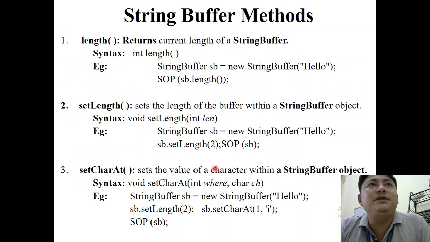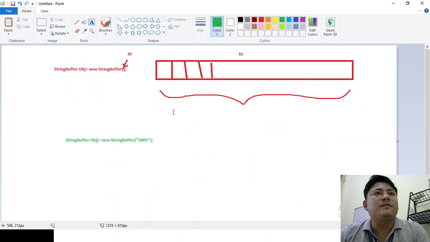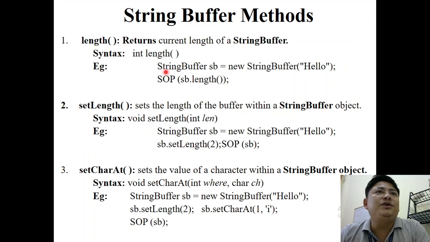Now we will see some of the common methods that may be useful whenever you work with a string buffer. The first one is the length of the string. Suppose you have a string and you want to know the length of the string stored in this object. That can be accomplished using length.